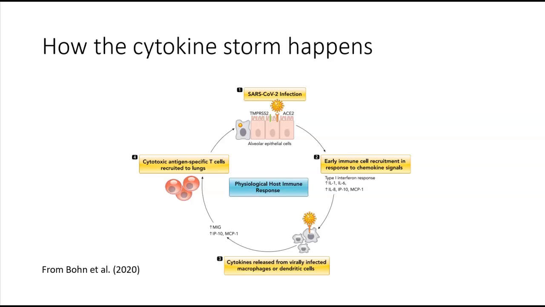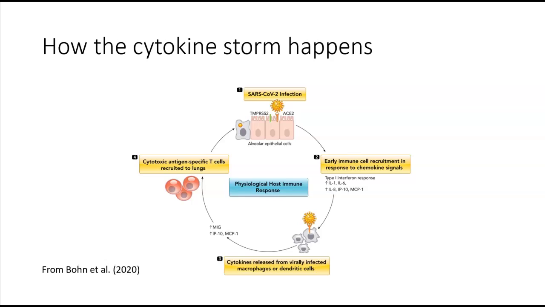It can enter through a number of receptors, but it likes the angiotensin-converting enzyme 2 receptor the best. The ACE2 receptor is seen in the lungs, but also in the intestines, kidneys, thyroid, testes, adipose tissue, and the heart, which is probably part of the reason why Karina is in cardiogenic shock right now.